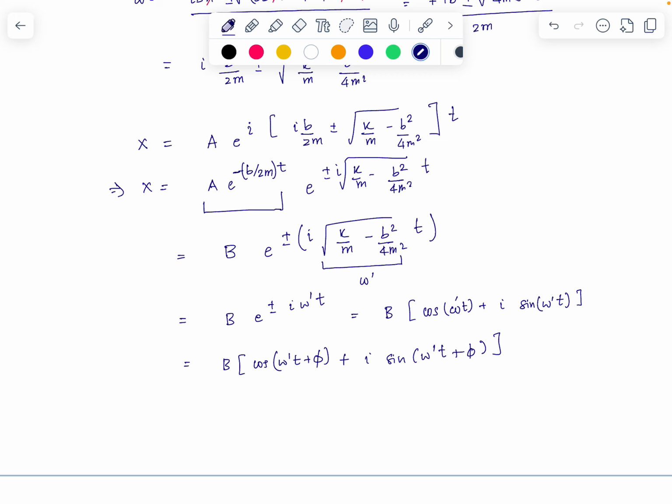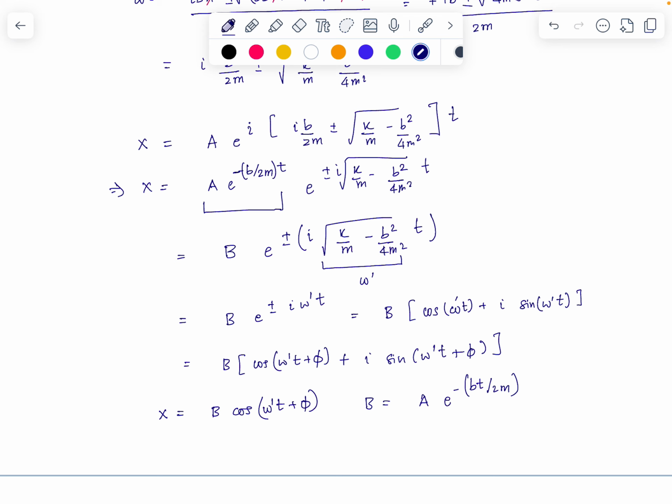So here, if you just take the real part, and let's say we are interested only in the real part, we have x equals b times cosine of omega prime t plus phi, with b equals some constant a times e to the power minus bt divided by 2m.